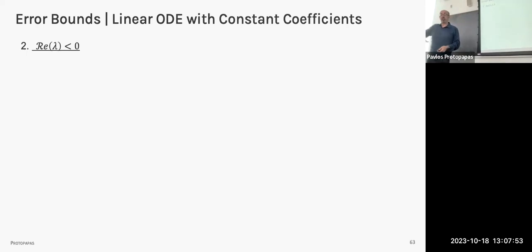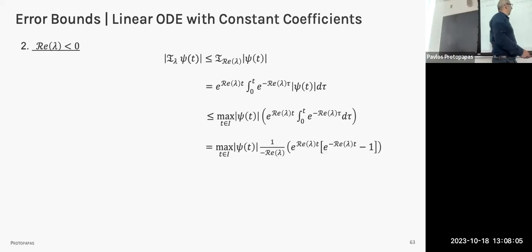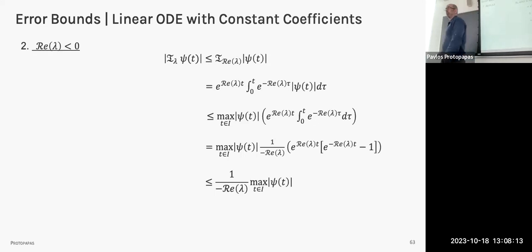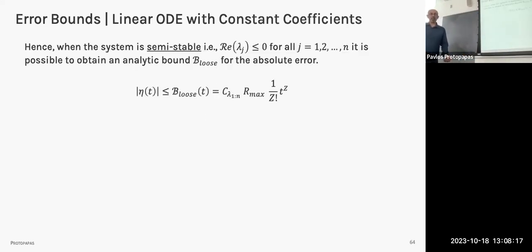If the real value of lambda is less than 0, then I can play a little game, and I'm not going to get into the details, but in this case we get the maximum, but we still have the real value here. And then after some math, we get 1 over the real value of lambda times the maximum. So that's bounded, kind of loose, but now you can see a few things.